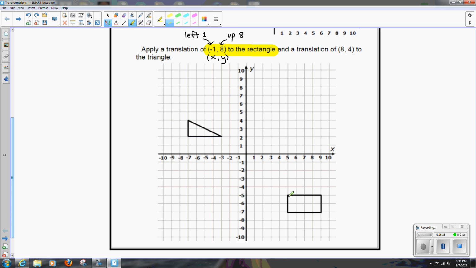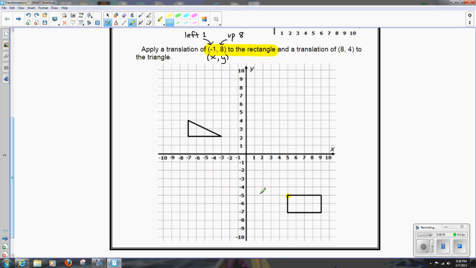Let's take this first vertex right here. Right now the x value is 5. Since they want me to apply a translation of -1, then 5 minus 1 is 4. Okay, so we have moved left 1. Now the y value of 8 tells me I want to increase the y by 8.